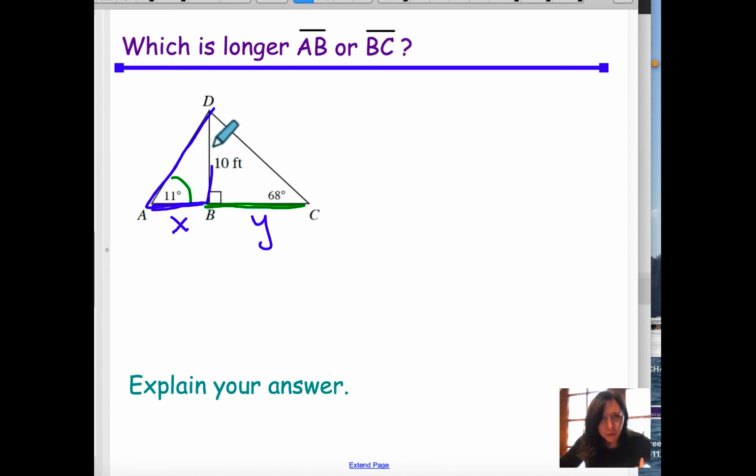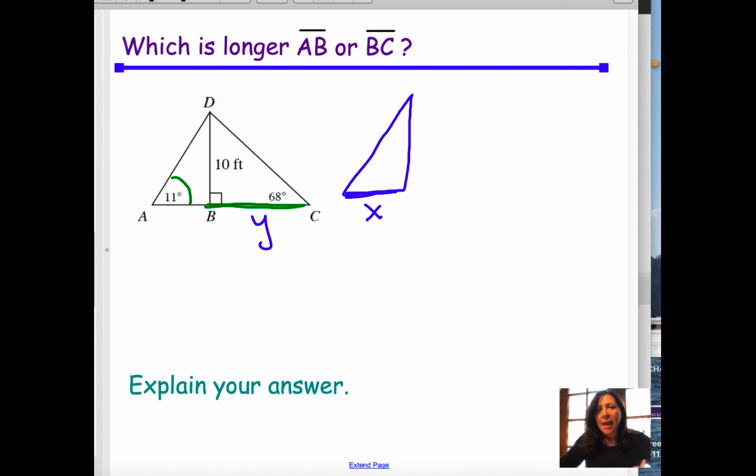That is a very small number. And so that value right here is 4.04, so I'm going to lose the y and put 4.04. And so what they're asking me is which is longer, AB or BC. AB is longer. AB is definitely longer.